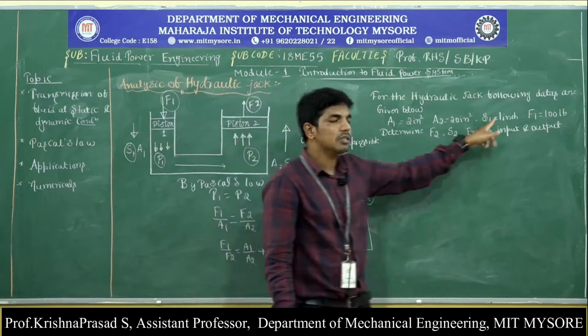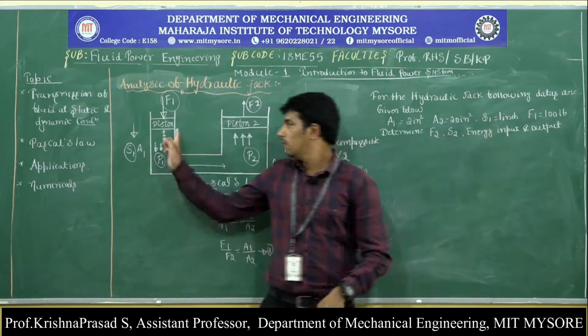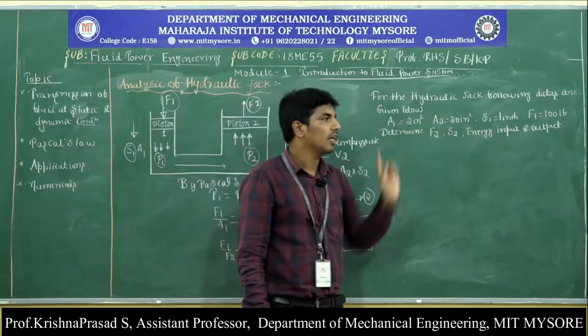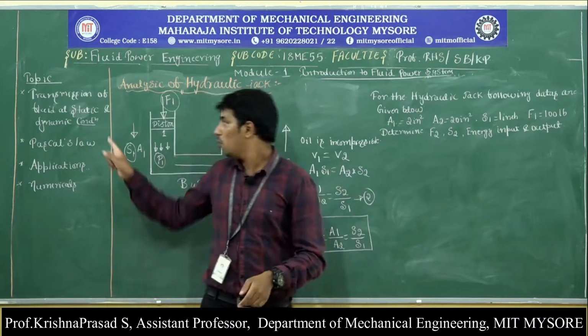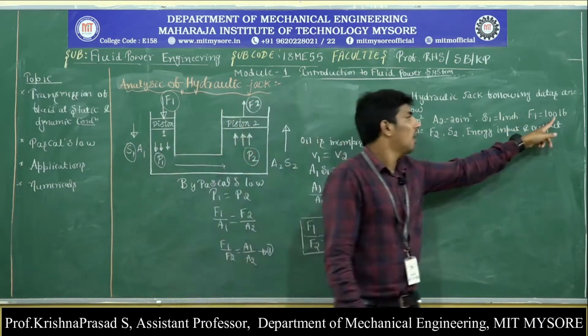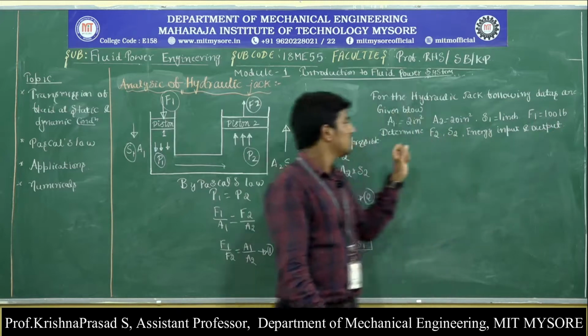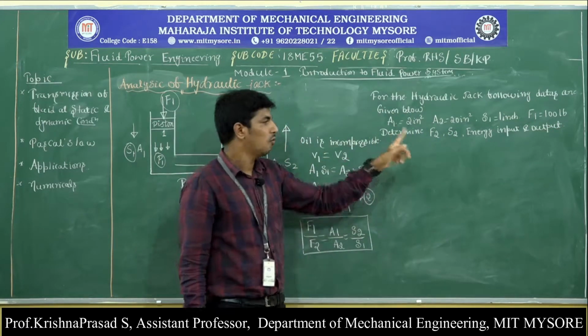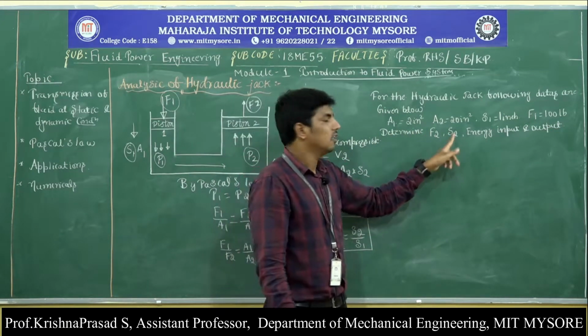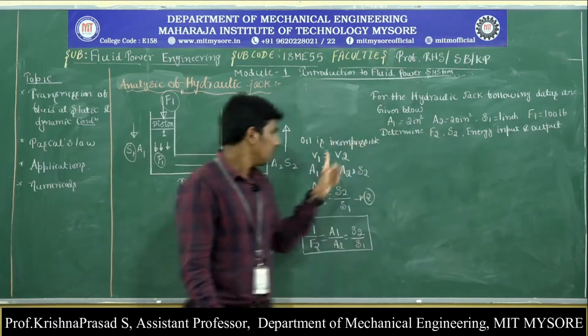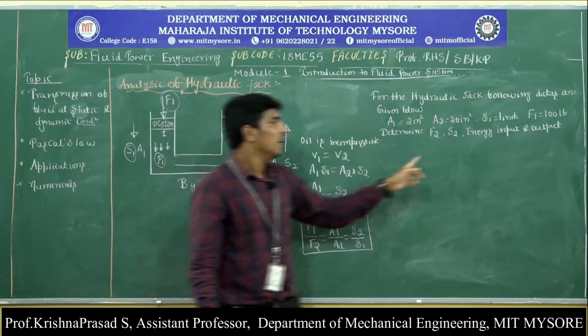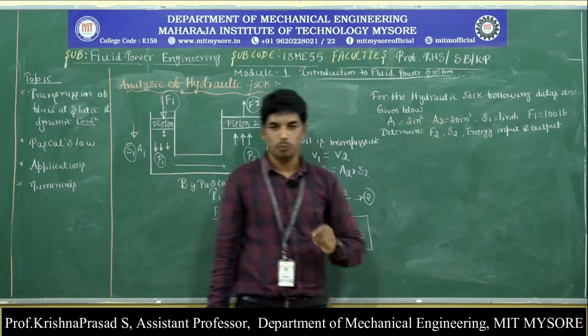The displacement of piston 1 is 1 inch and the applied force is 100 pounds. Determine the force developed, the displacement obtained at cylinder 2, and the energy input and energy output.